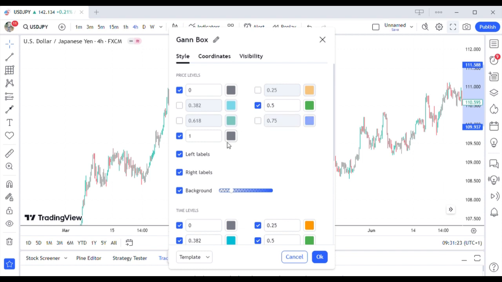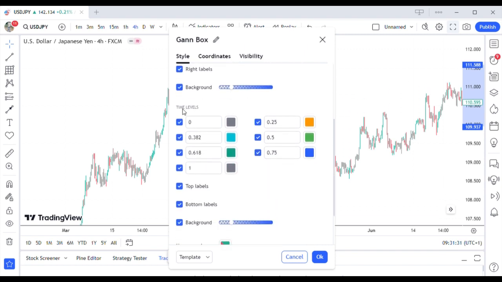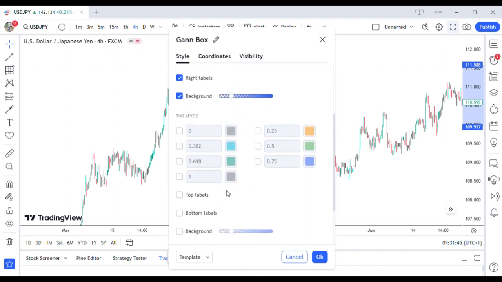Then remove the left label, you can leave the right label and the background. For the time level, remove every single thing you see here, you don't need it. Then remove the top level, top label, bottom label, and the background. Just leave it like that.